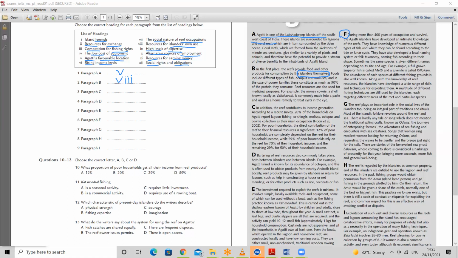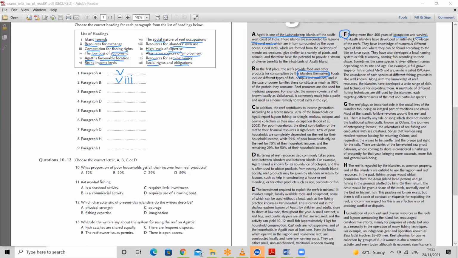Okay. Now, again, this paragraph's first sentence will be sufficient to help you decide what the best answer should be. Well, how? If you read and try to comprehend what exactly it is trying to communicate in the first sentence, you can see that the thing we're talking about is the occupation and survival, which has been for more than 400 years.